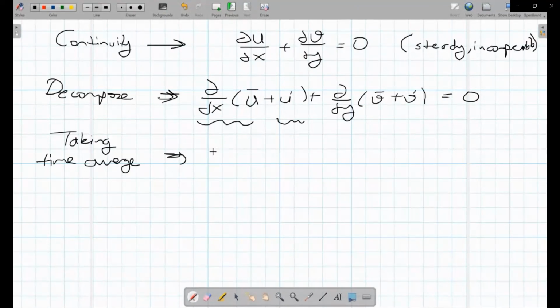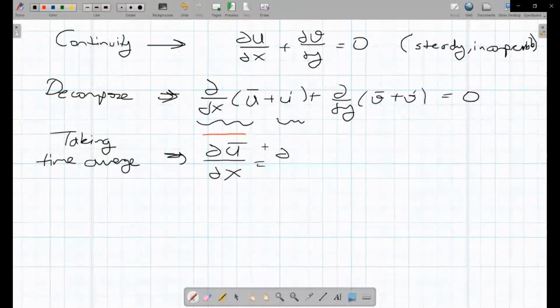Let's do this by actually applying it on the term. Our first term is du bar dx, and I want to apply averaging on this. Averaging means I want to calculate the average of this term, which commutes with derivation.